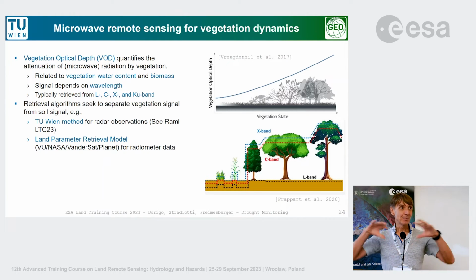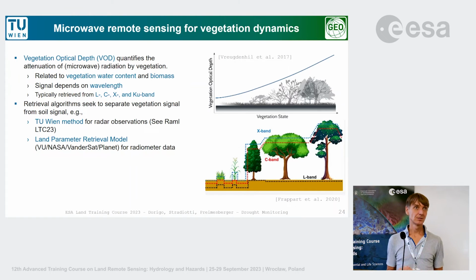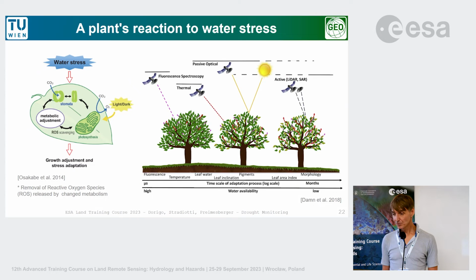So the amount of living biomass plus its relative water content. You can have a lot of biomass but low water content and so on. So that's two components basically. Then there's one thing: VOD is not a geophysical variable. It's being used a lot, and it's really an important variable because it's something on top of what you can measure with optical systems.